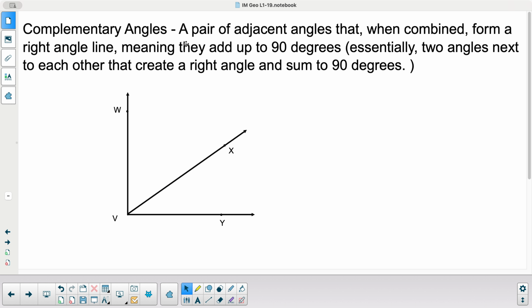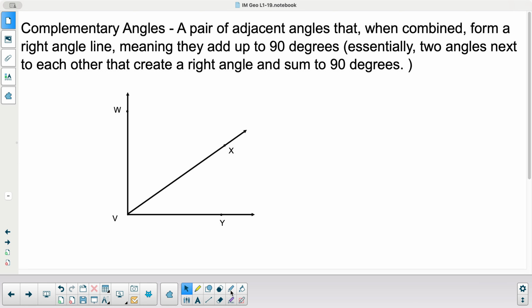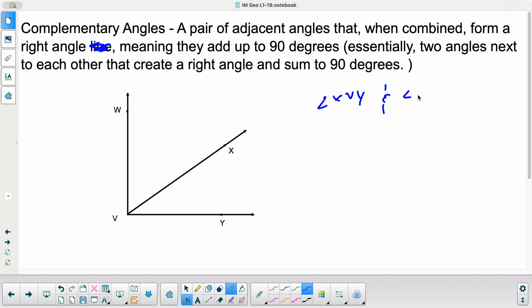All right. So complementary angles are a pair of adjacent angles that, when combined, form a right angle. Shouldn't say line. Sorry. Meaning they add up to 90 degrees. So these are complementary. So angle XVY and angle WVX are complementary.